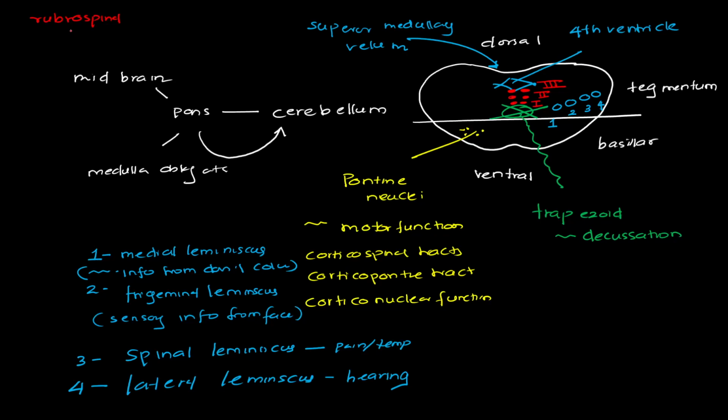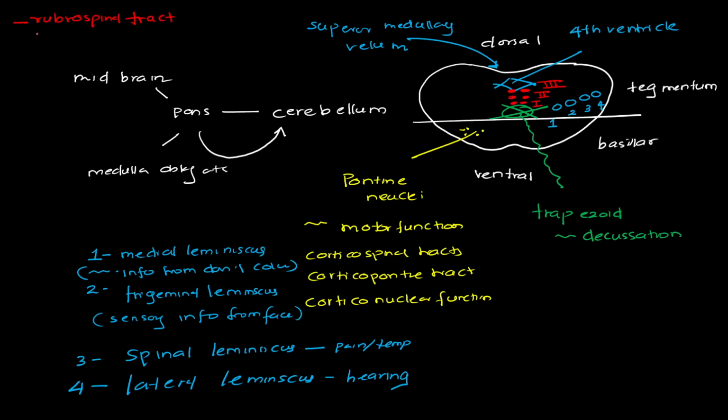So if this undergoes damage, the flexors will lose their integrity. If you can remember the action of the red nucleus, you can remember the decorticate and decerebrate rigidity as well, because it is the structure of the brain that plays the distinct part in the difference of the manifestations between decerebrate and decorticate rigidity. Right, so the rubrospinal tract carries information from the red nucleus to the flexor muscles.